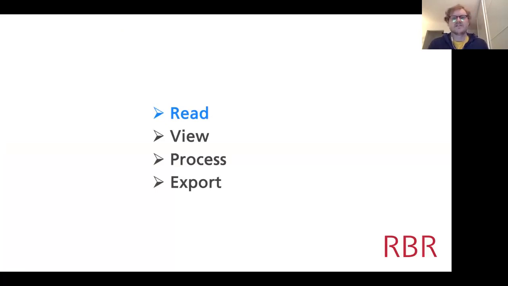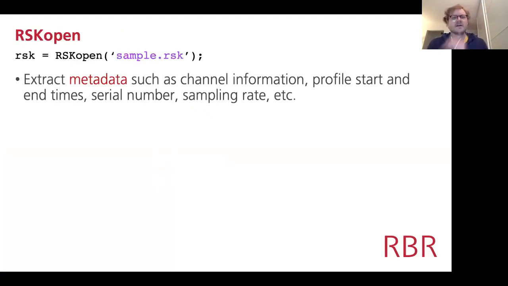Let's get into reading the files first. The first thing you must do, basically the only required function, or one of two required functions to do anything, is RSKopen, and that does exactly what it purports to do, which is to open a file. Actually, what RSKopen does is go into the RSK file and retrieve a bunch of information about the channels in the data, the profile start and end times, the serial number, the sampling rate, and some of the most basic information.